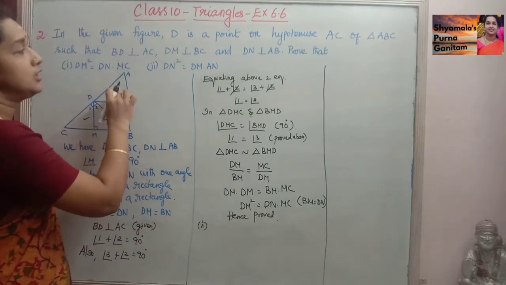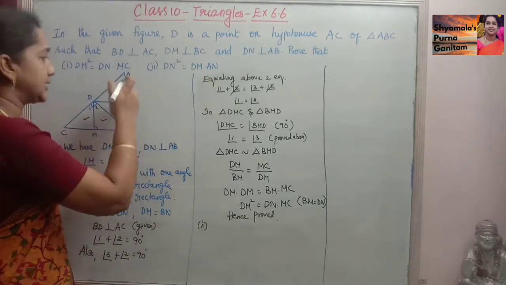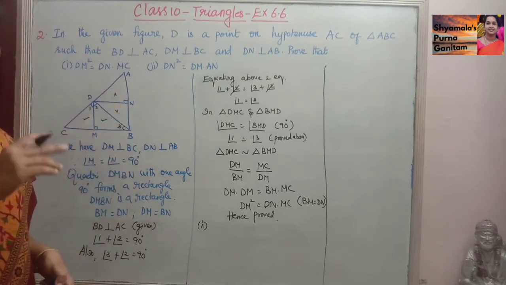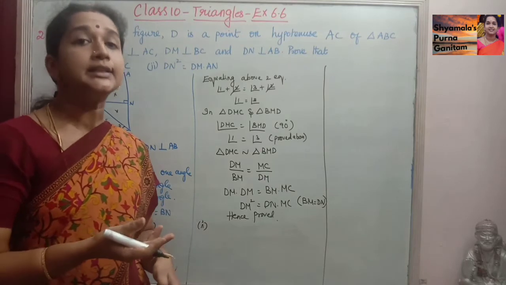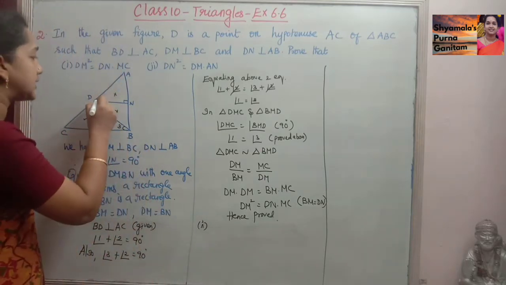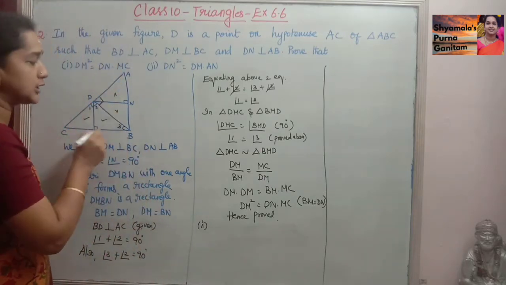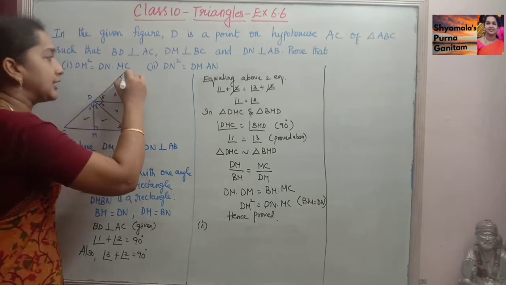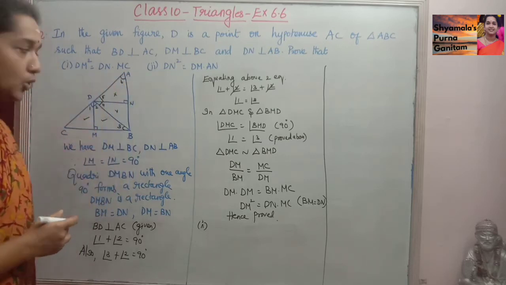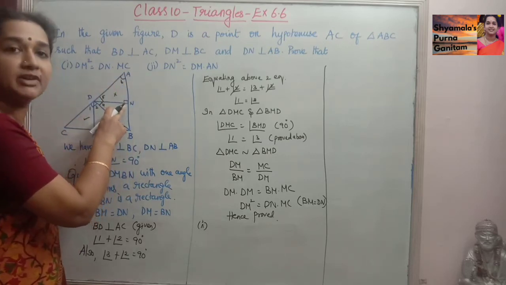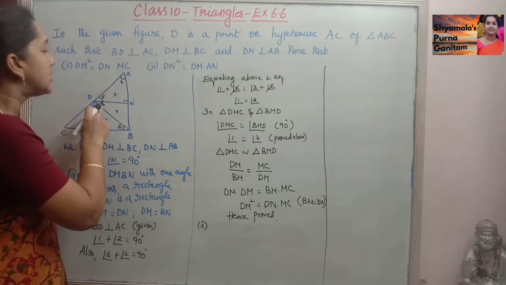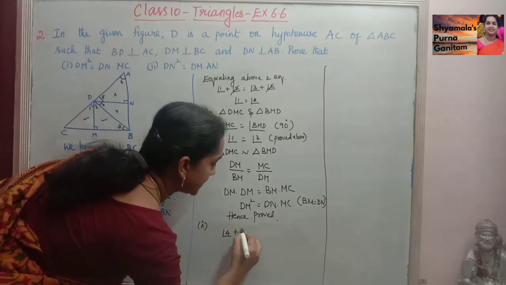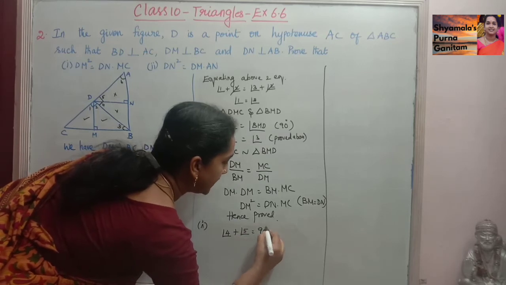The same procedure we will follow for proving the second result. So we will take these two triangles. Before proving the similarity, we need one more set of angles equal. So these two triangles we will mention as 4 and 5, and this angle we will take as 6. One angle is given as 90 degree.